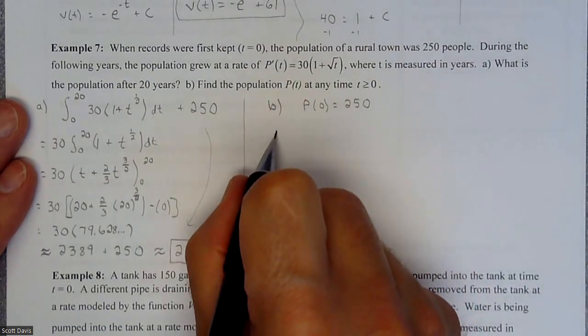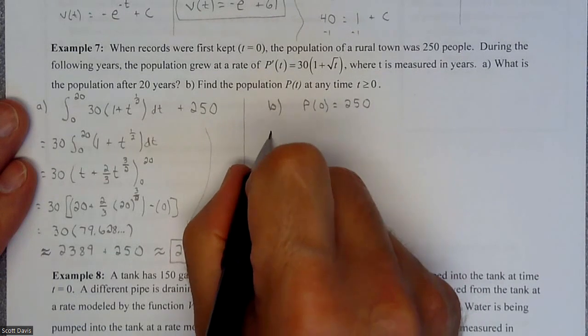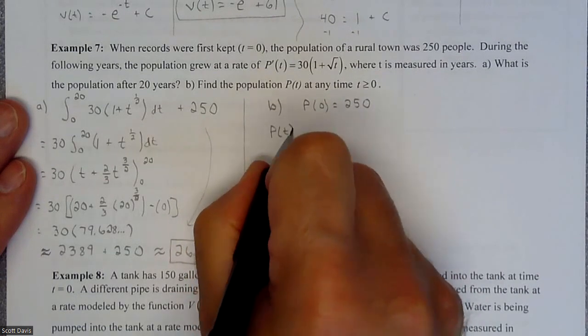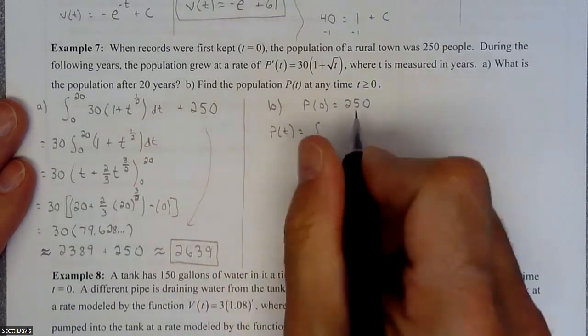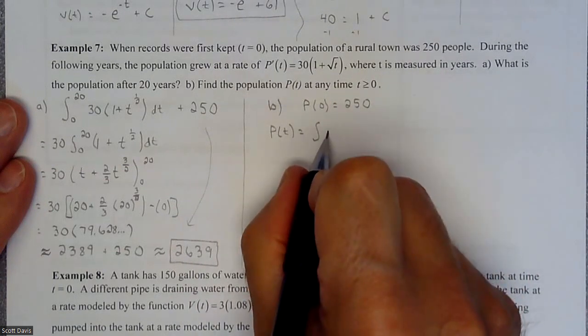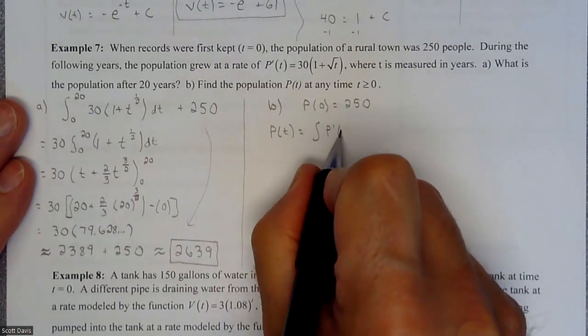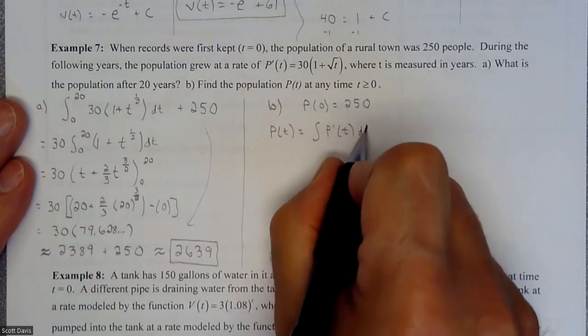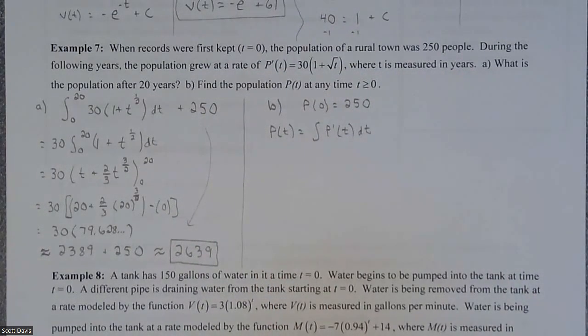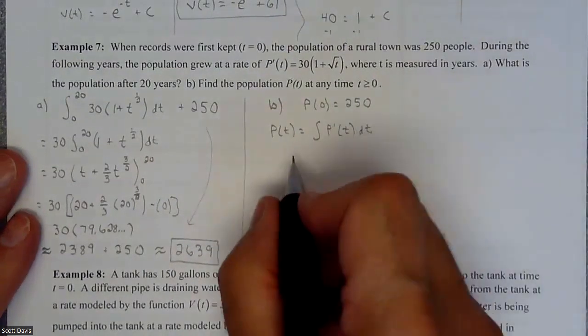So the population equation is going to be the antiderivative of our rate, and then we're going to get a plus C out of that, and then we'll plug the 250 in.